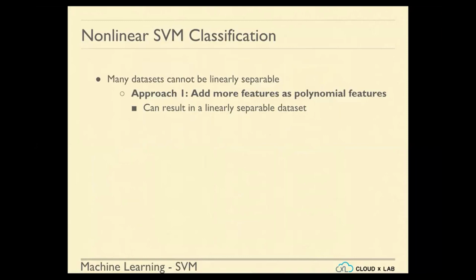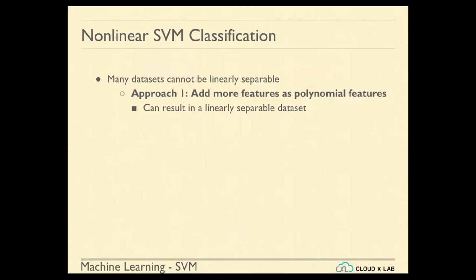There are many data sets which cannot be linearly separable. Also, please note that right now we are just talking about classification. We'll go into regression very, very soon. So many data sets cannot be separated by a straight line. And what to do in such cases is, as we did earlier, we came up with more features, right?